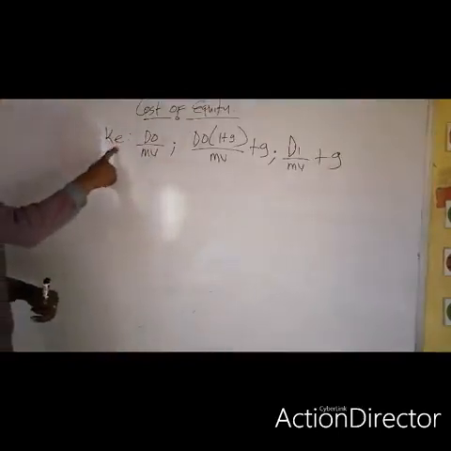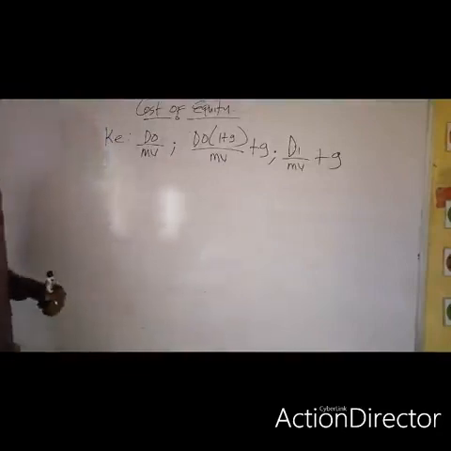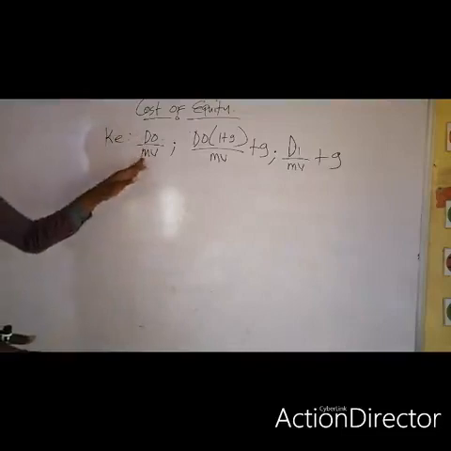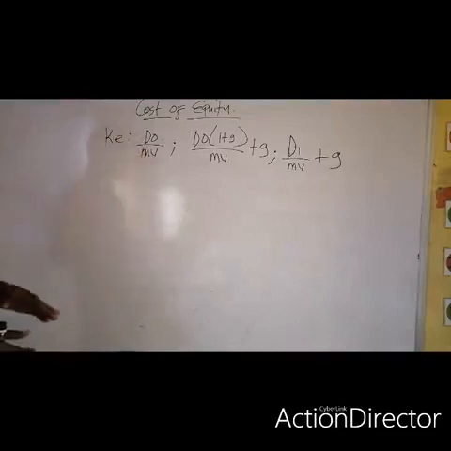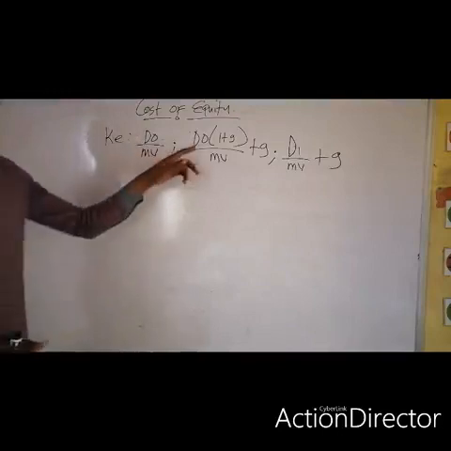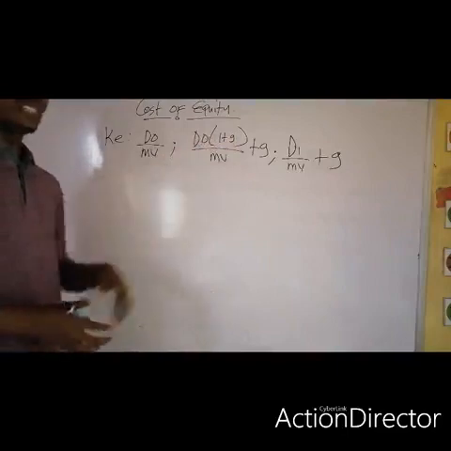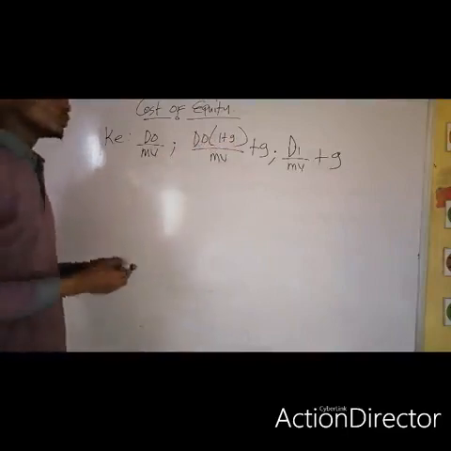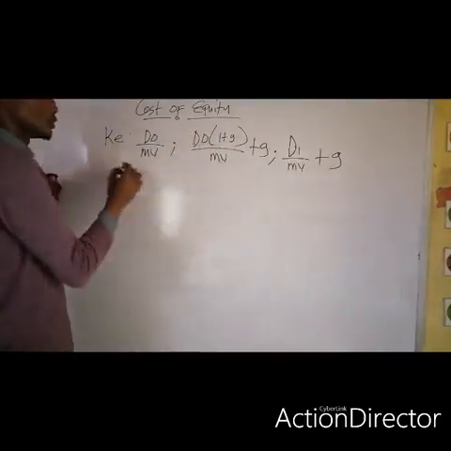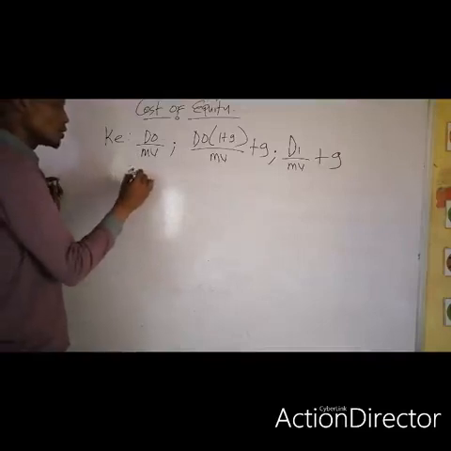KE, which is cost of equity. The formula for calculating cost of equity can either be D0 over market value, which is MV, market value. We know this now. Or D0 into a bracket 1 plus G. This G is growth. G is equal to growth.